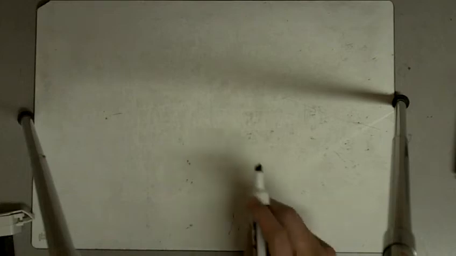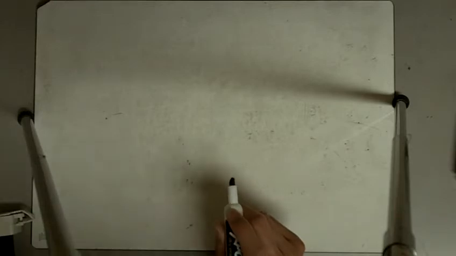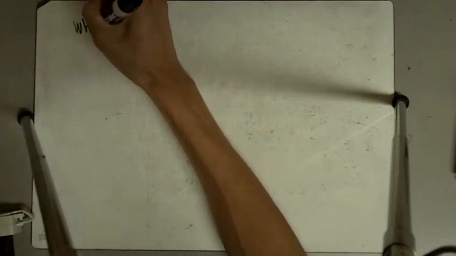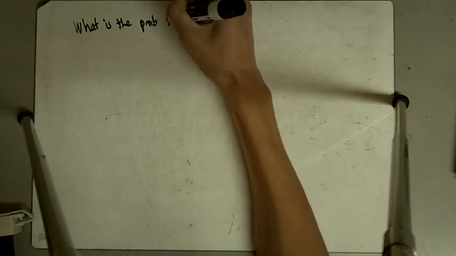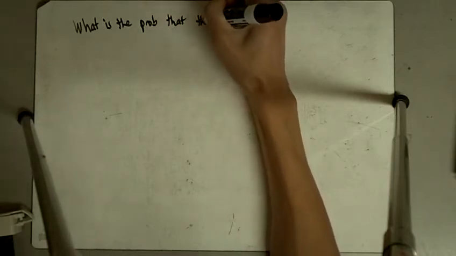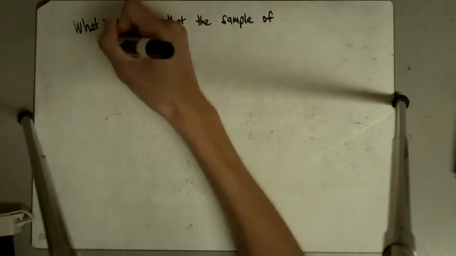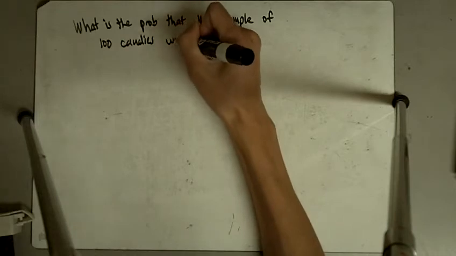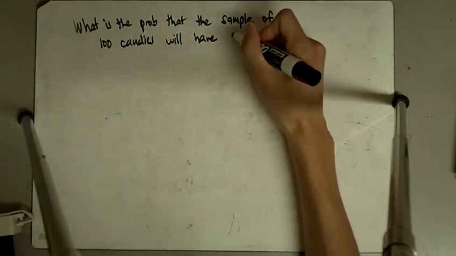This one says return to 729 and find the approximate probability that the random sample of 100 will contain 24% or more orange candies. Okay, so what is the probability that the sample of 100 candies will have 24% or more orange?